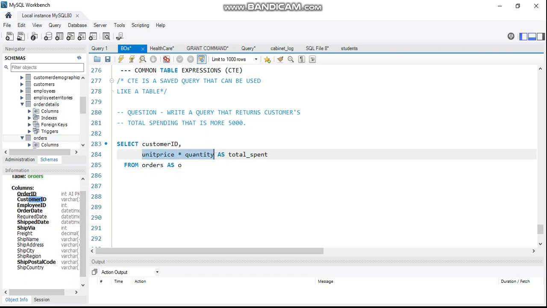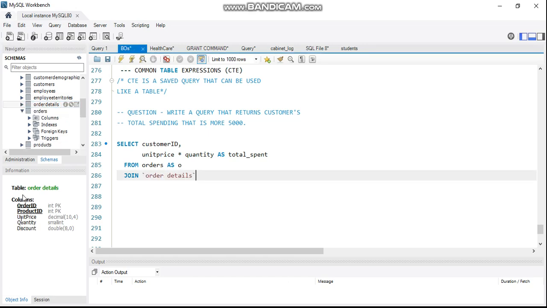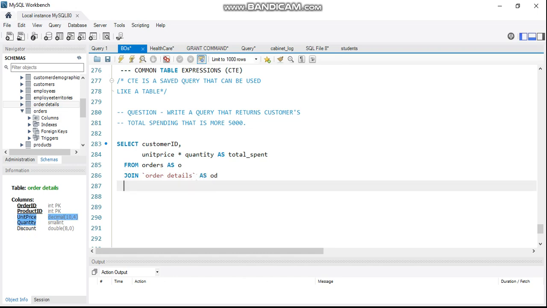So we're going to be using a join. We join it with this, which is where we have our unit price and quantity. Join order details as OD, and we're joining it on what they have in common.